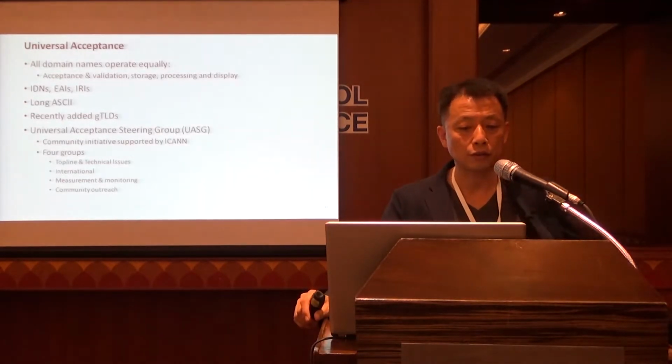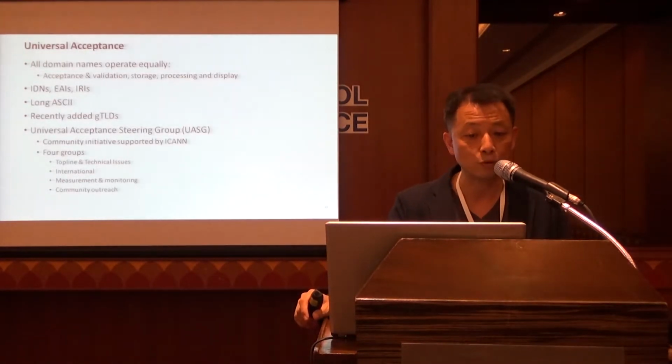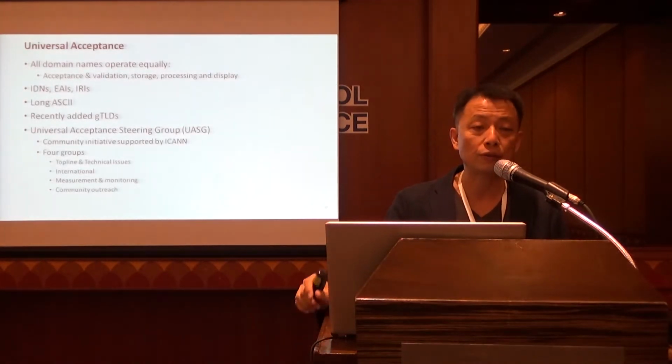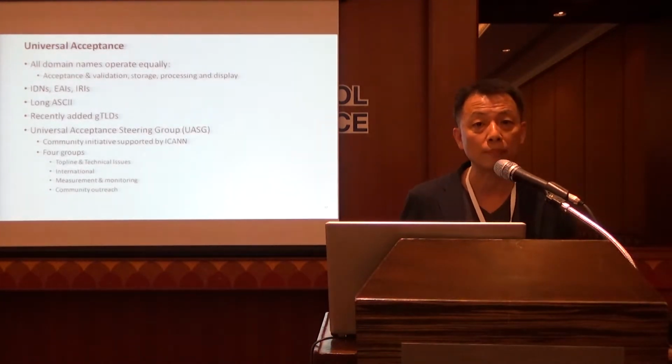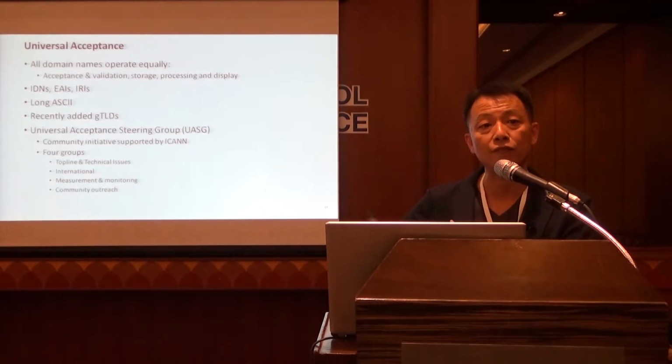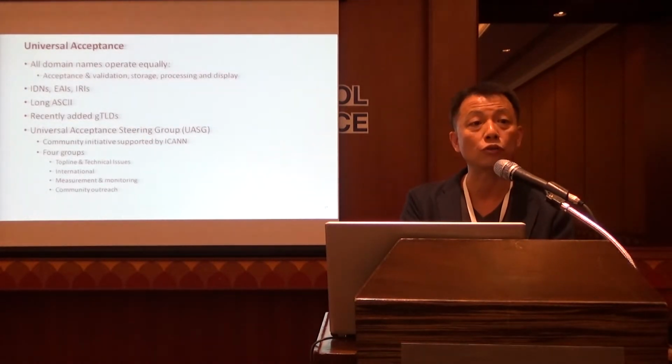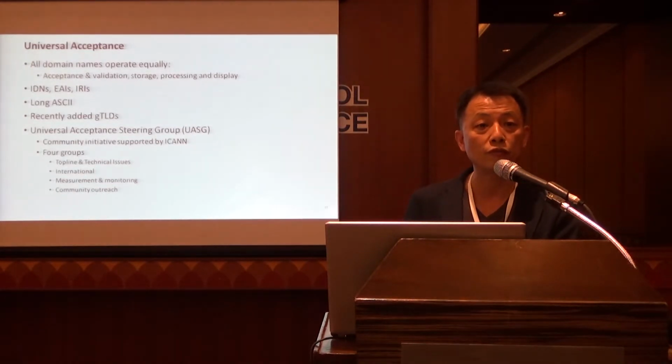Another concept is universal acceptance. That's a subgroup of ICANN. Universal acceptance means all domains should operate equally, such as their acceptance, validation, storage, processing, and display. Because as I mentioned, multilingual domain names or multilingual email cover different kinds of service components. It happens not only from the protocol point of view, but also from the registry point of view, and from the operational point of view.